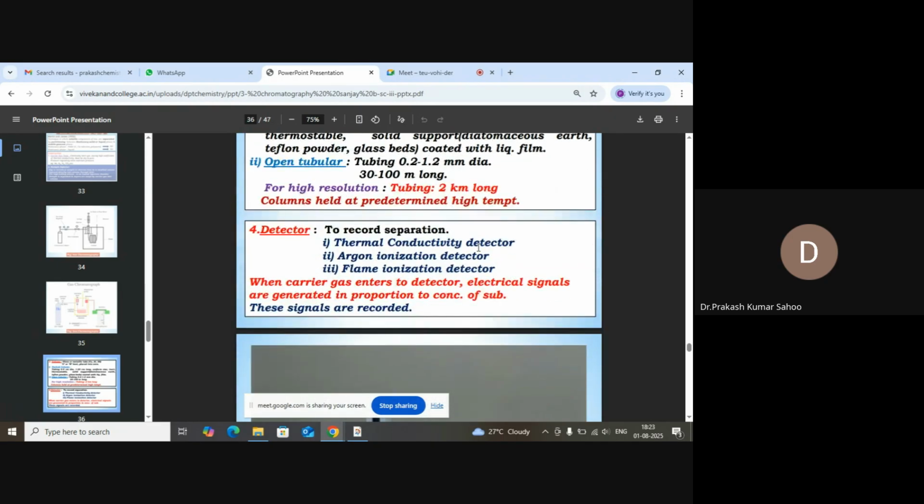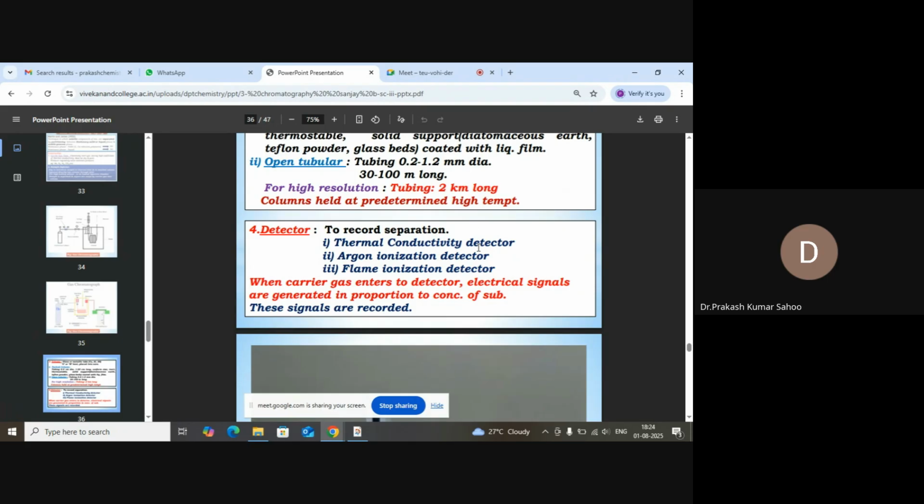And the third one is the detector. The detector is to record the separation, and it shows the result on a monitor. So the detector may be a thermal conductivity detector, argon ionization detector, or flame ionization detector. When carrier gas enters the detector, an electrical signal is generated in proportion to the concentration of the substance.